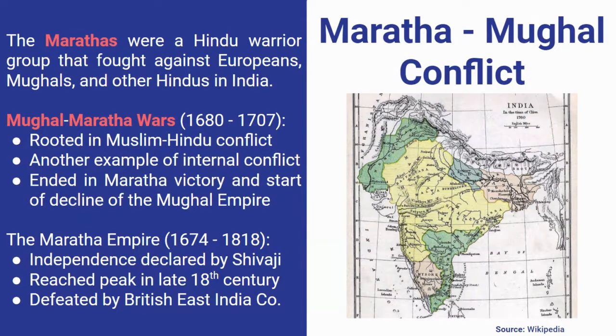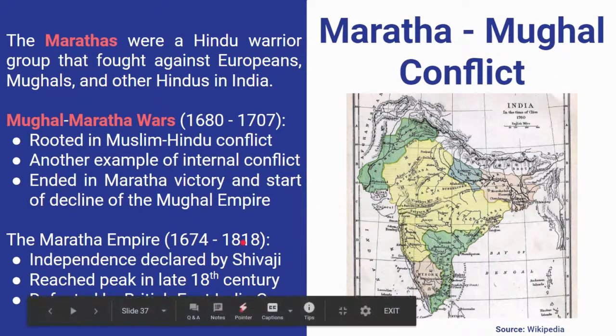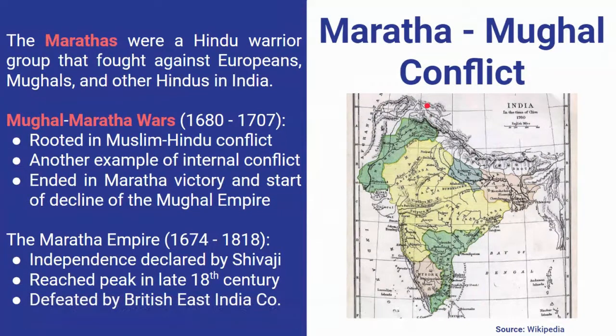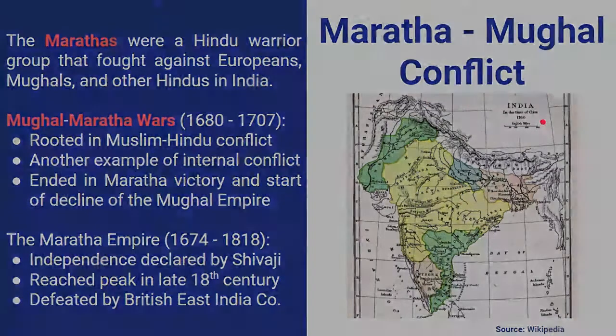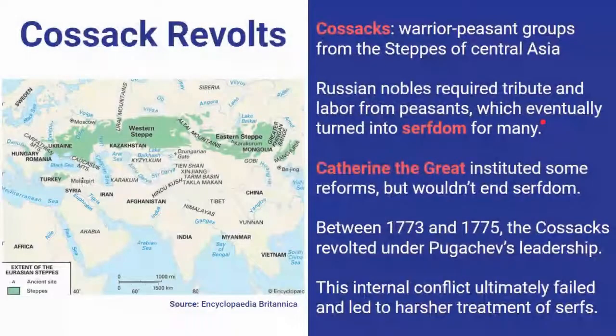So that gives the British more power in the subcontinent and leads to the British further expansion when they fully take over the rest and defeat the Marathas. But this was another conflict between groups in the time, an internal group, of course, but it ends up taking over the entire thing.